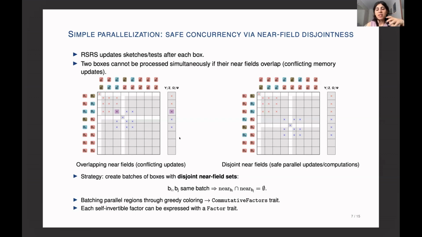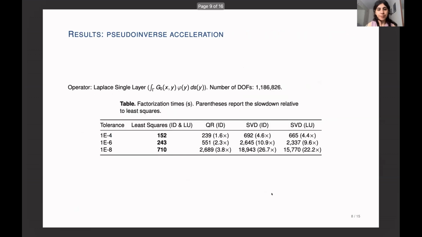So what we've done is use a gradient coloring algorithm to compute batches of factors that can run at the same time. And in order to apply this, we implemented what we call a commutative factors grade that has basically a collection of these factors that you can apply in parallel.